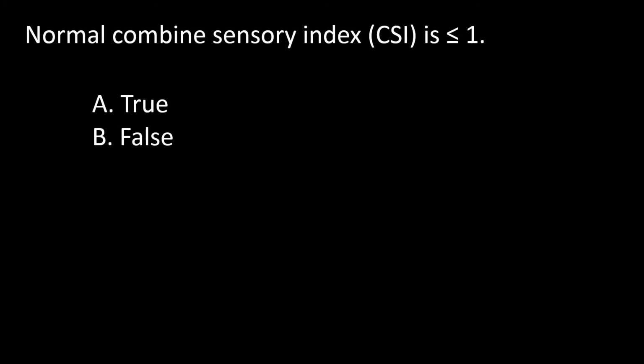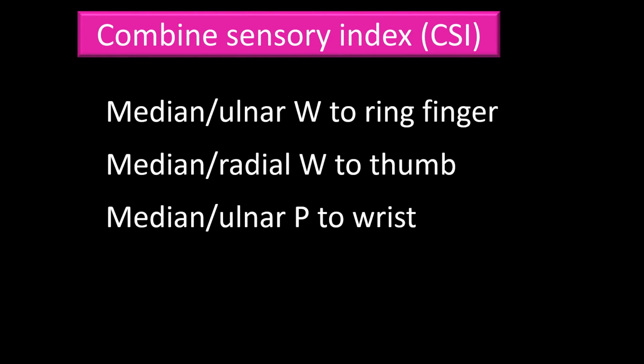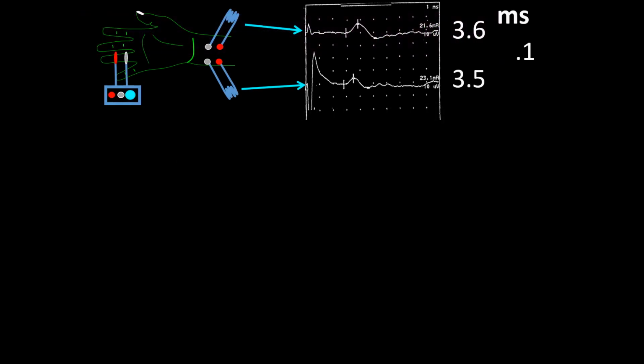Next question. Normal combined sensory index is 1 or less than 1. A true, B false. As we have just heard, the combined sensory index consists of 3 tests. These tests are often conducted simultaneously. Here you can see an example of the median and ulnar test to ring finger testing.